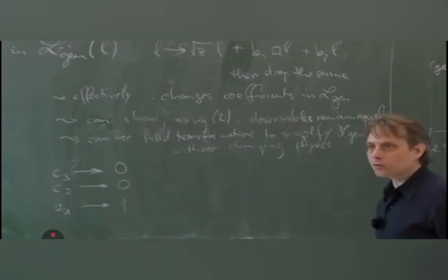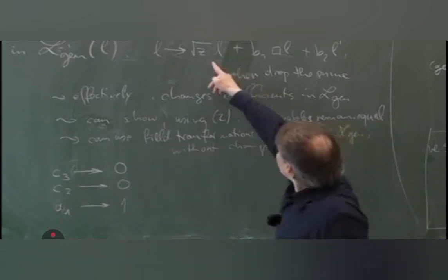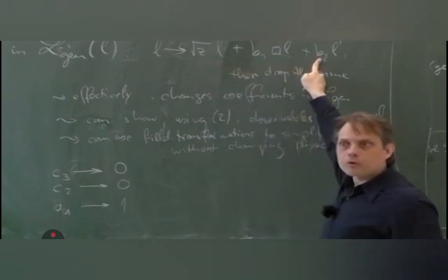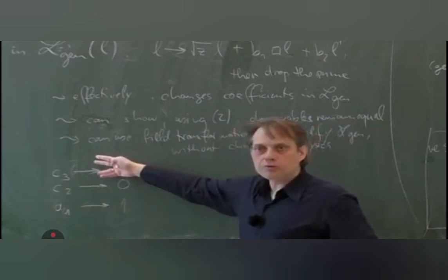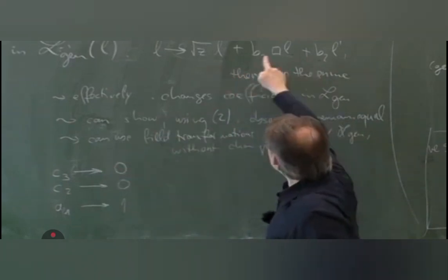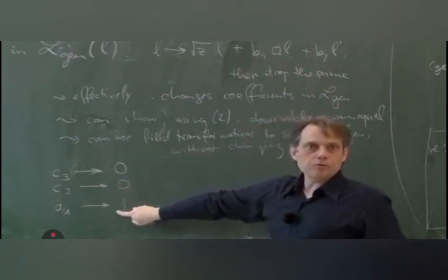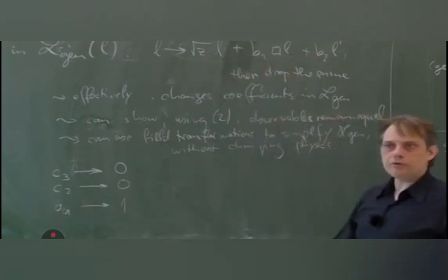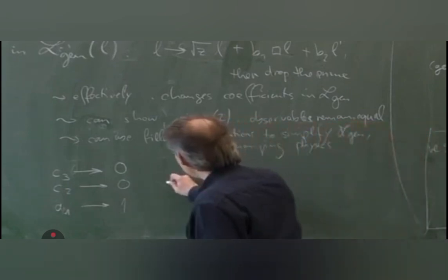If we require these three conditions, then those coefficients z, b1, b2 are fixed. You look at the explicit expression for how C3 changes, then this condition gives you an equation to determine these three quantities. Second equation, third equation. So from the three equations, you know exactly how the three coefficients in the field transformation have to look. Okay, so then the field transformation is fixed.